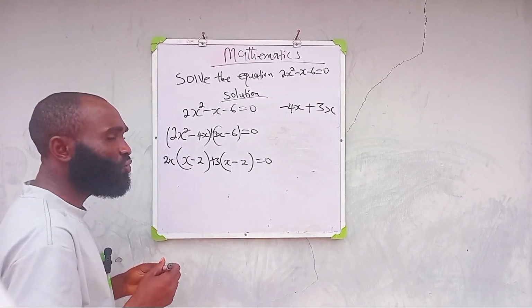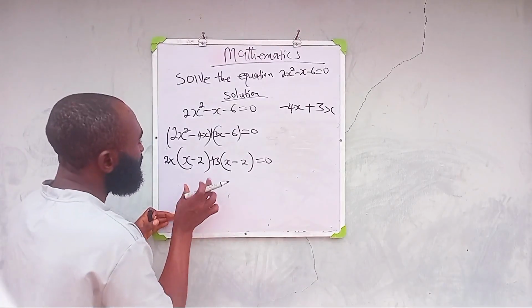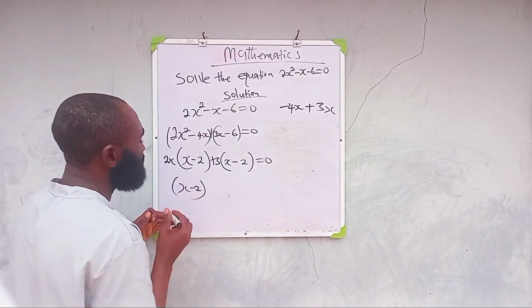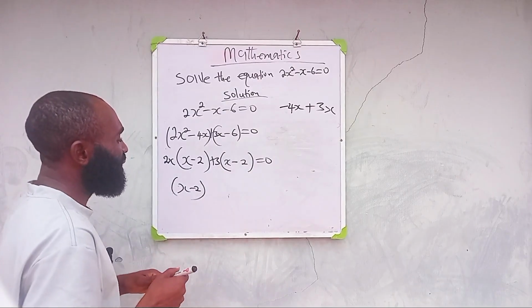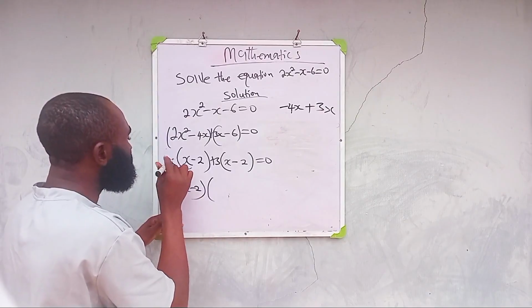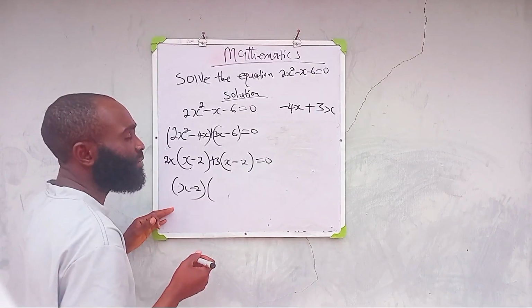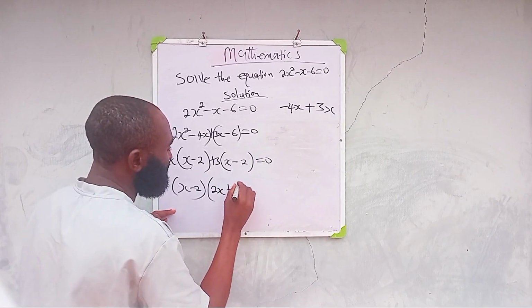Having two identical brackets, we pick just one. So we pick x minus 2 among the two brackets. Then to form the second bracket, we use those outside values, and that will be 2x plus 3.